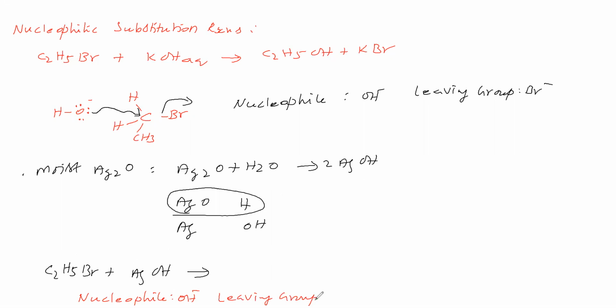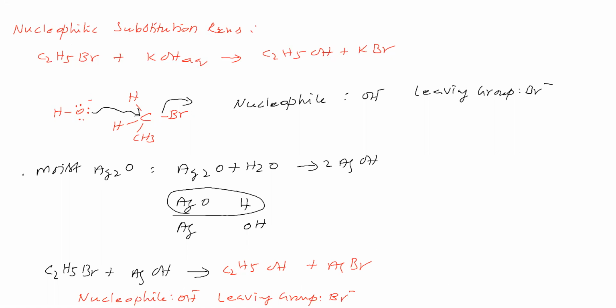Leaving group is Br minus. Therefore, we are getting C2H5OH and AgBr. So, alkyl halide with moist silver oxide gives an alcohol. Nucleophile is OH minus.